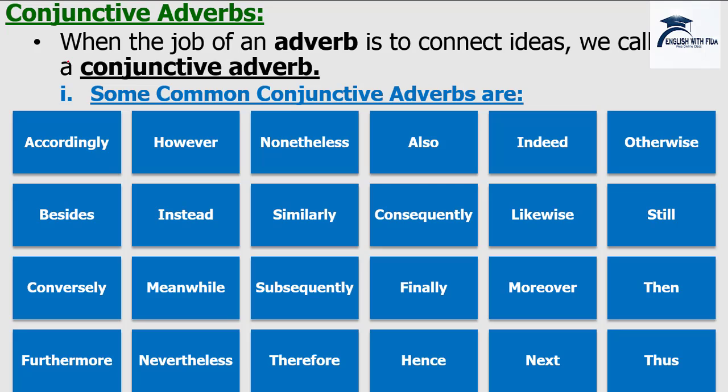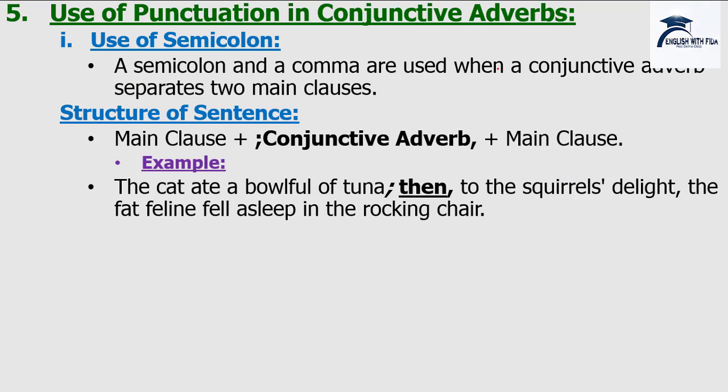First, look at these conjunctive adverbs that you may often find in a long sentence: accordingly, however, nonetheless, also, indeed, otherwise, besides, instead, similarly, consequently, likewise, still, conversely, meanwhile, subsequently, finally, moreover, then, furthermore, nevertheless, therefore, hence, next, thus.